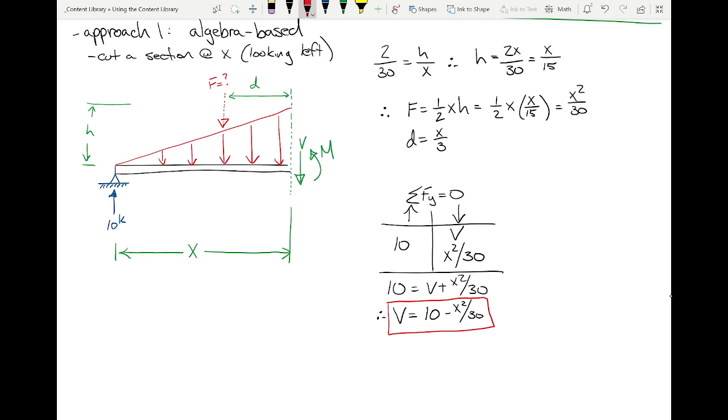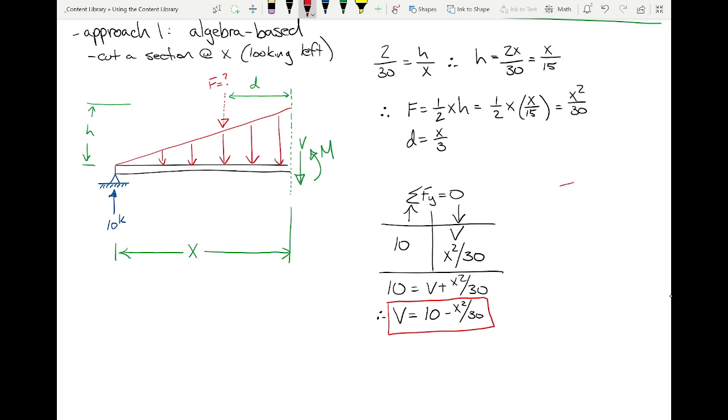So V is that. Is that a fair statement? Everybody okay with that? All right. Let's keep going.